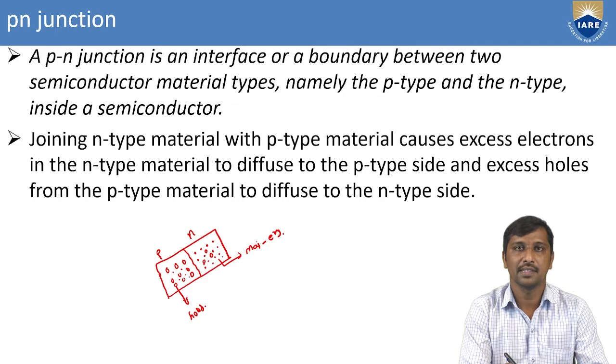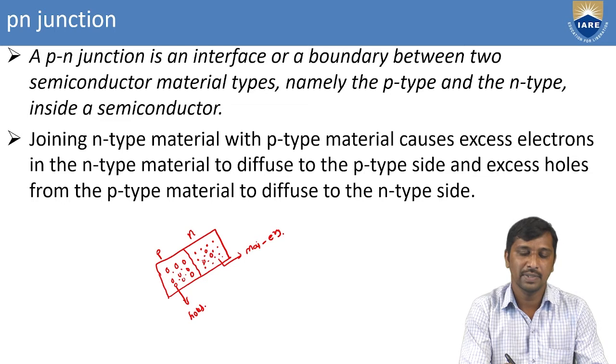When we are forming this p and n junction, due to their kinetic energy, the charge carriers are diffusing from one region to another region. If you take the n side, the majority charge carriers are electrons, and due to this kinetic energy, the electrons are diffusing towards the other side, towards the p side here.